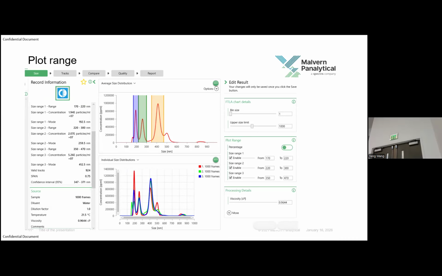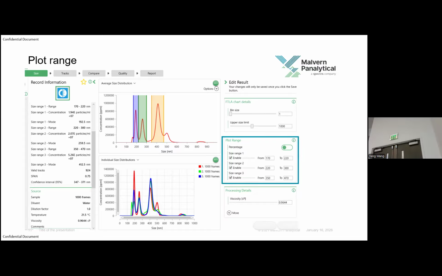Because it's a number-based distribution, it means that we're taking data points, per size, and we're putting them into different bins. And when we do that, it enables people to actually calculate the percentage or the concentration of different ranges. So if you're doing some sort of quality control analysis, or you want to fine-tune your process, and you're trying to say, I need particles to be between 46 and 212 nanometers, you can actually set that numerically in a plot range option right here.